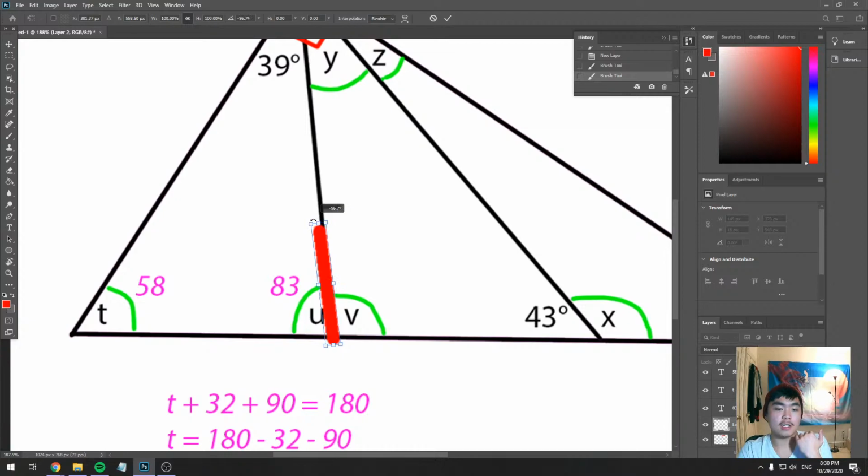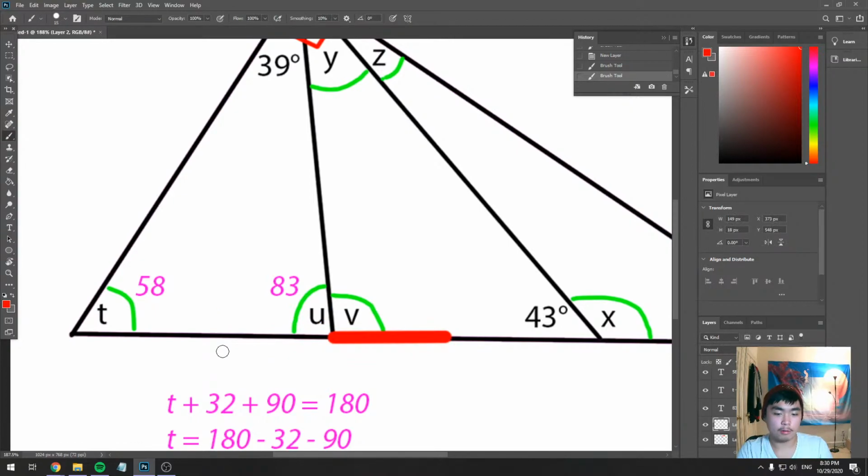If I rotated it another U degrees, it would end up here. So in total, the clock hand makes a full half circle revolution. It goes from one side to the other side, which is 180 degrees total. So that's what we mean by supplemental angles.